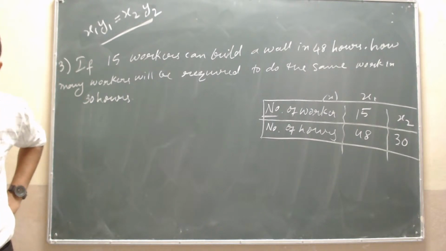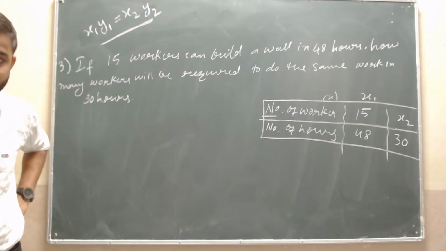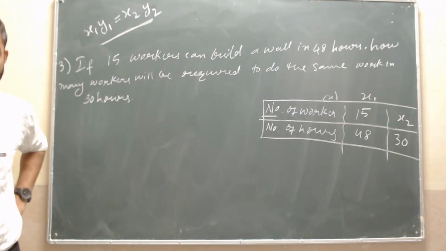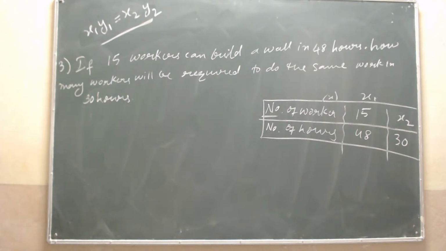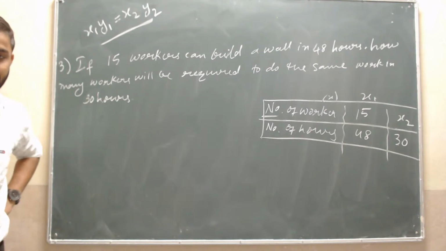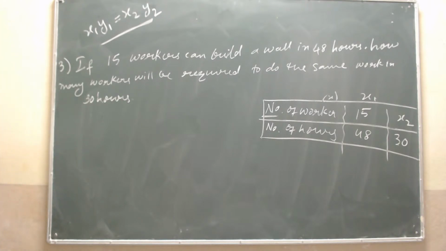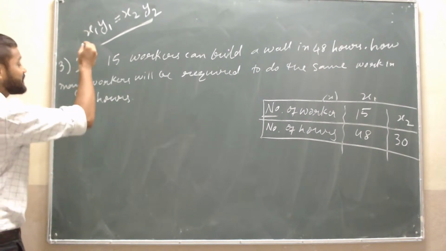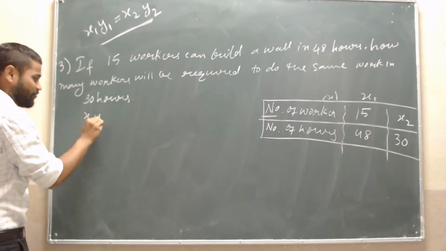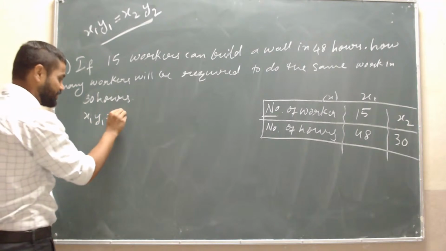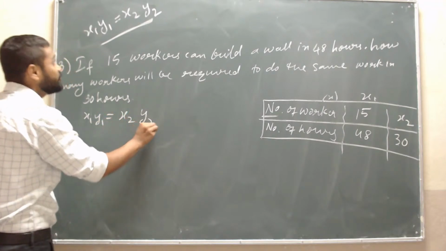24 workers. Yes. Next, can anyone? Simply we have to apply the formula x1 y1 is equal to x2 y2.